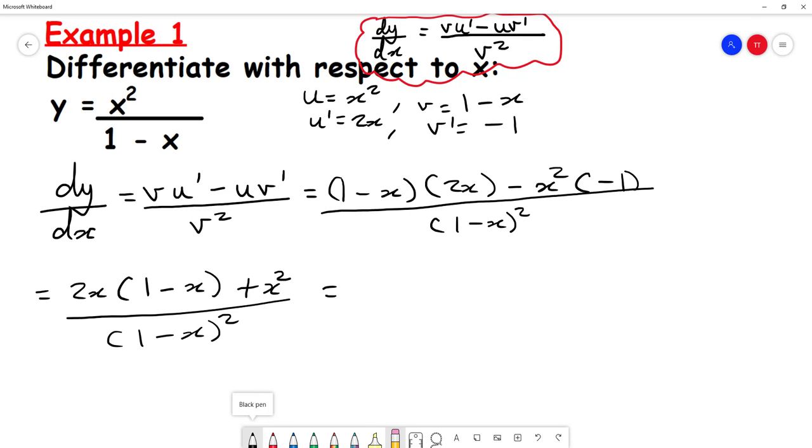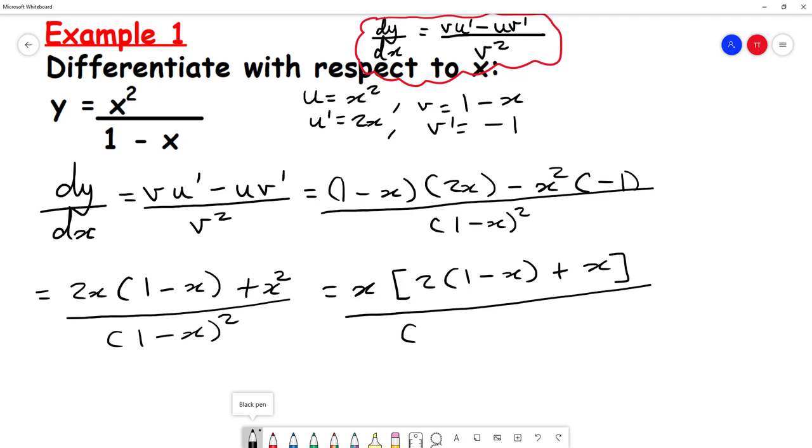Now what I'm going to do here is take a common factor of x out. So I get x times 2 times 1 minus x plus x, all divided by 1 minus x all squared.